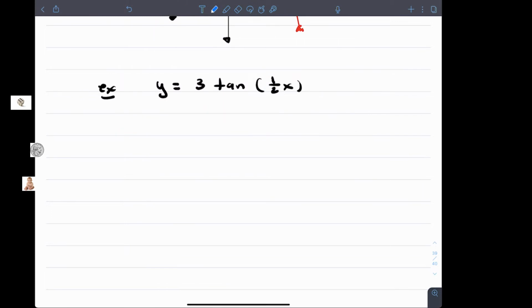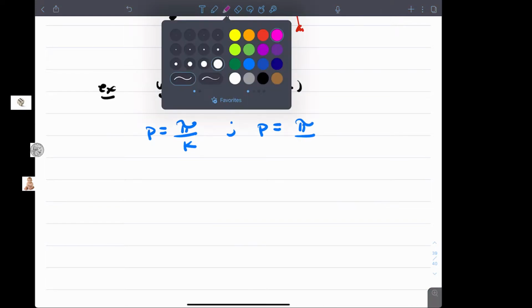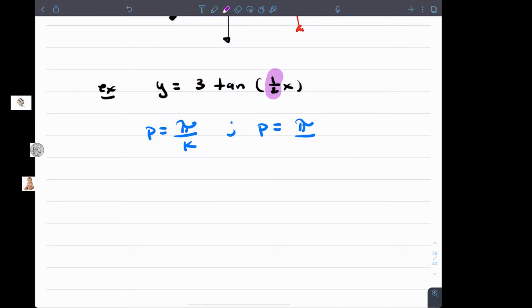We're going to start with the period. You have to be careful. What's the definition? Pi over k. It's a different definition, not 2 pi over k. So what's k here? You know that k is always the number multiplied to x.